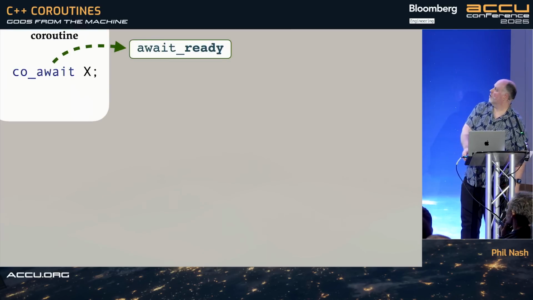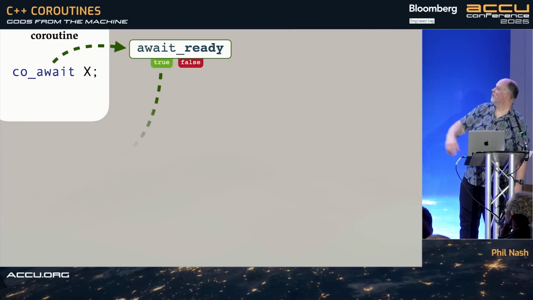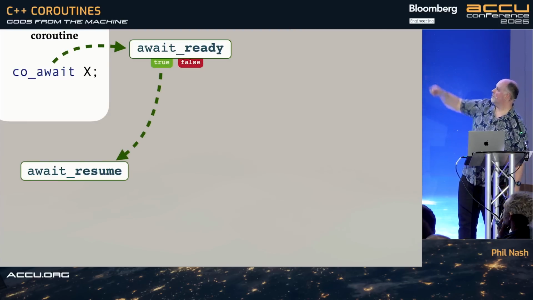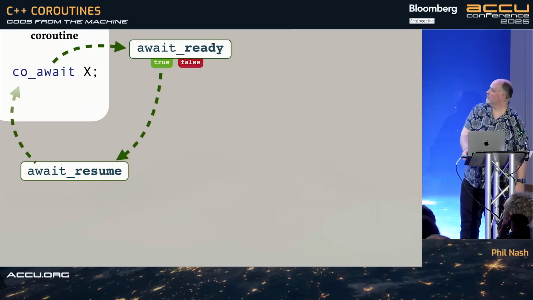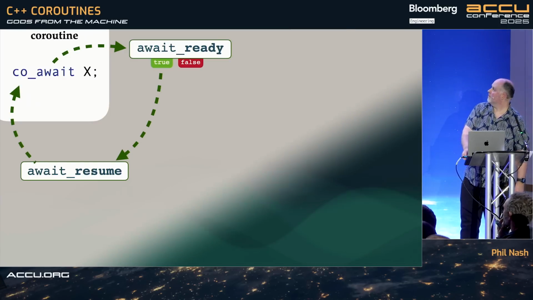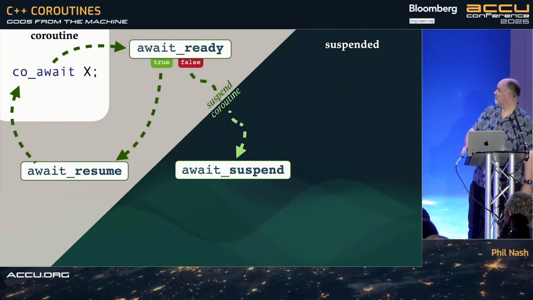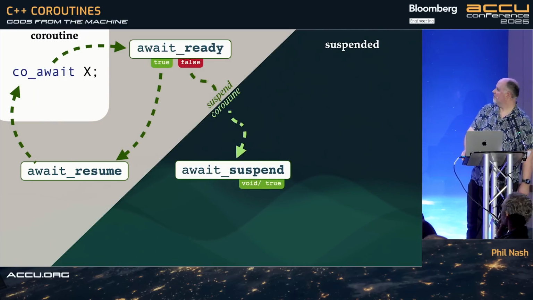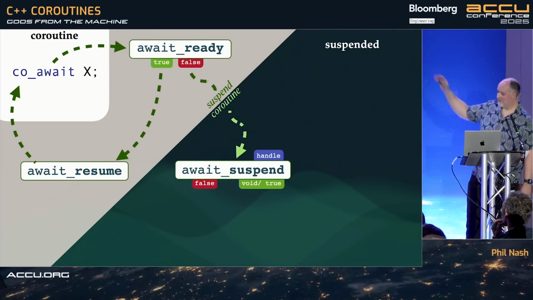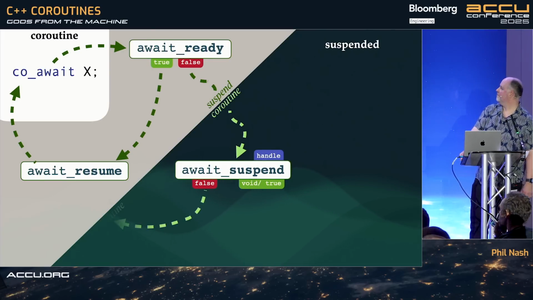What happens when you call co_await on something? So we talked about await_ready. If you return true, it just resumes, goes back again. So it's a shortcut, but if it's false, it actually suspends the coroutine. So there's some overhead to that. It calls await_suspend, and then there's a few different ways to come out of that, which we don't have time to cover.